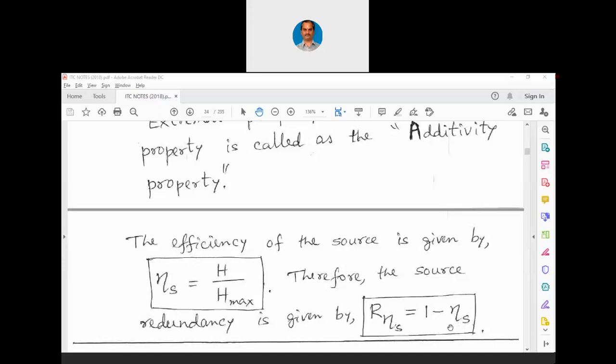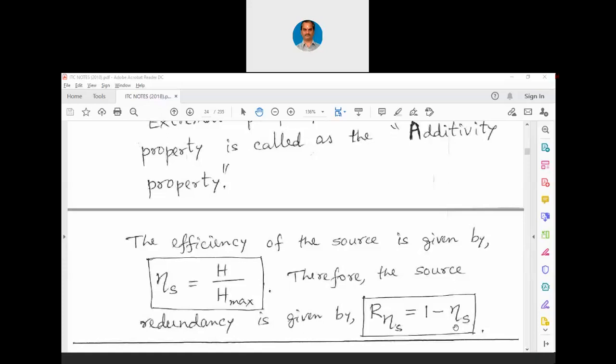In the case of a television picture, H max and H are one and the same, because all pixels are of equal probability. Their eta is 1, which means redundancy is 0. We should say that this television picture example is the best information source, where there is no redundancy at all.